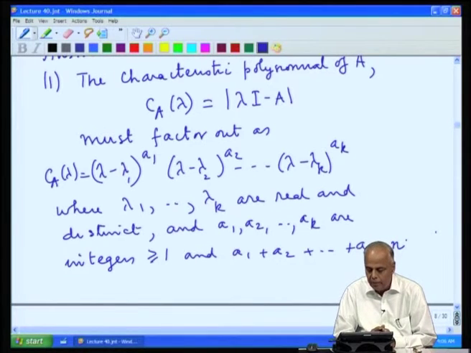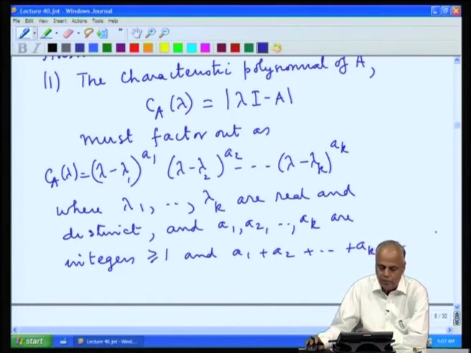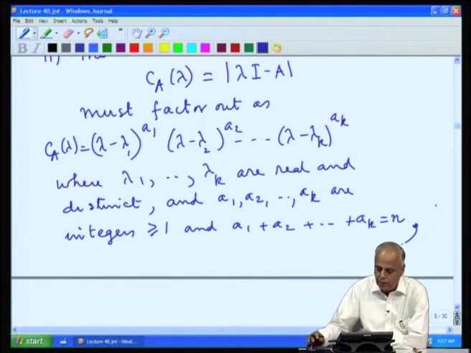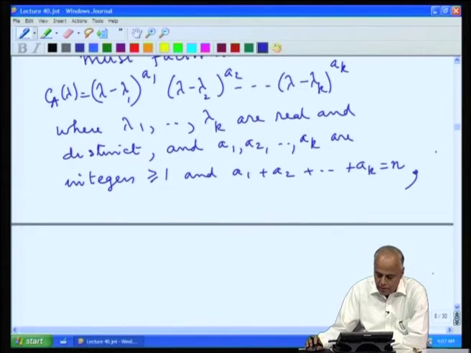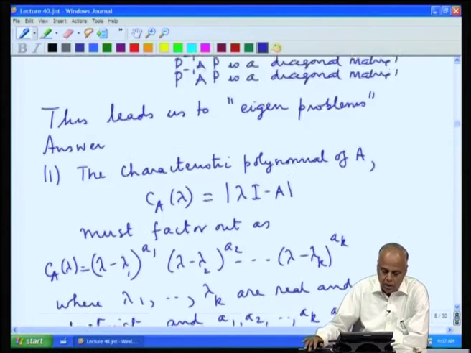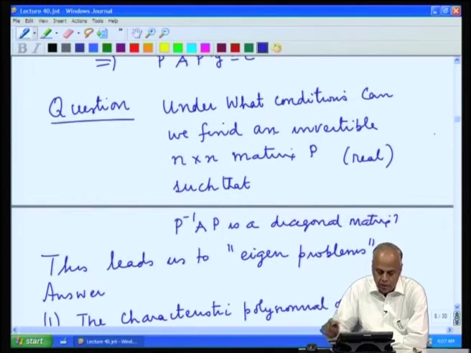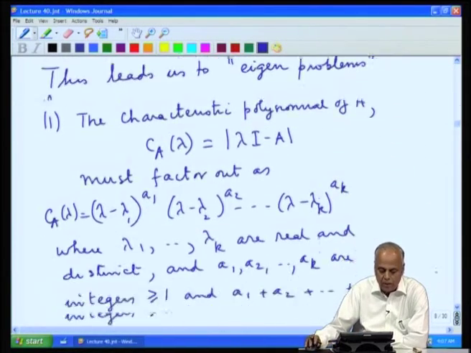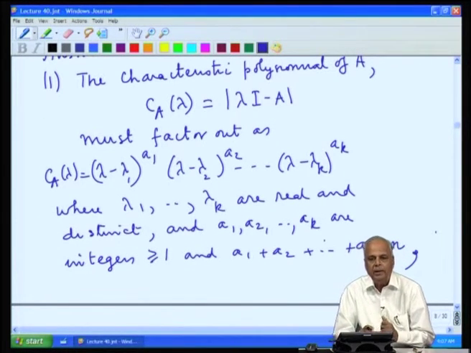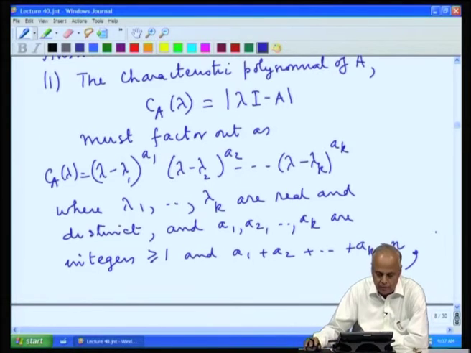So, the first requirement is that the characteristic polynomial of A factors out like this. Then we call lambda 1, lambda 2, up to lambda k the distinct eigenvalues of the matrix A, and a 1, a 2, up to a k were referred to as the algebraic multiplicities of these eigenvalues. Then that was the first condition. The conditions we are asking for consist of many parts. The first part is that the characteristic polynomial must factor out as pointed out above.